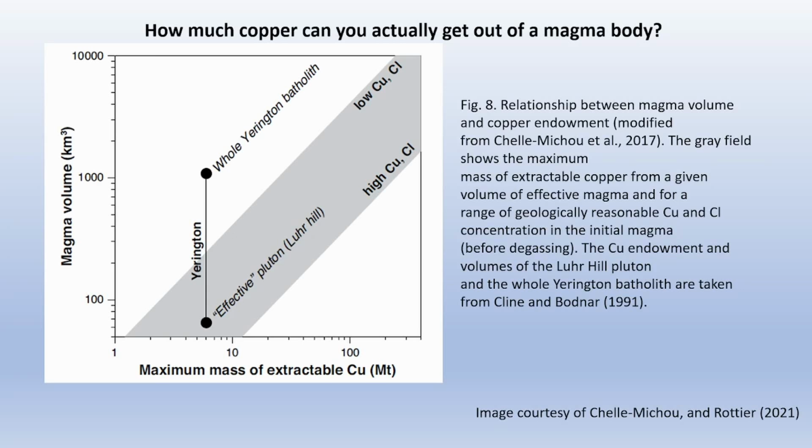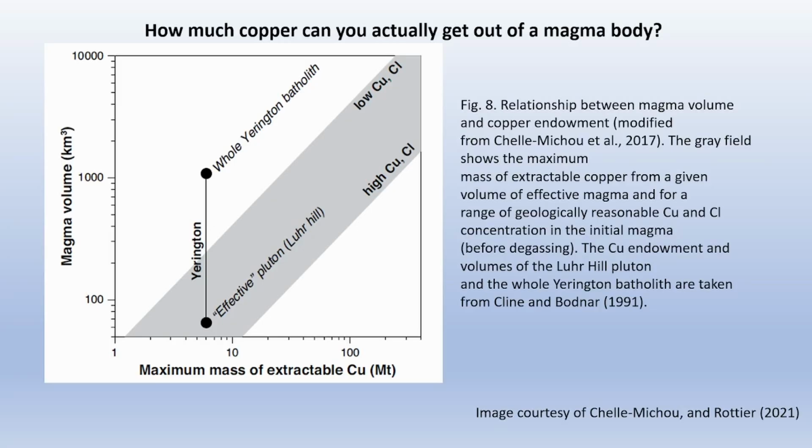It's the part that was hot and fluid-rich and focused enough to actually form an ore deposit. So this vertical line between them, that's a reality check. Not all magma matters. Only a fraction of the batholith contributes to the final deposit.